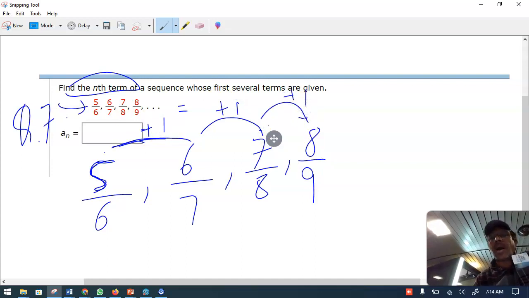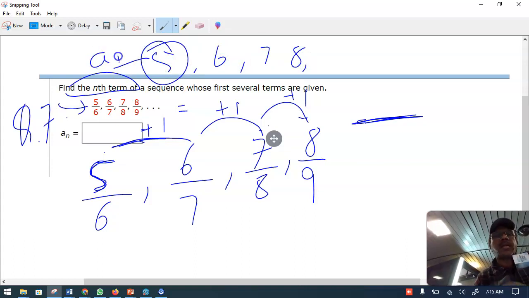So the top part is a sequence 5, 6, 7, 8, where the first one is a_1. The formula is a_n equals a_1, the first one, plus d times n minus 1, where d is the common difference, which is 1.